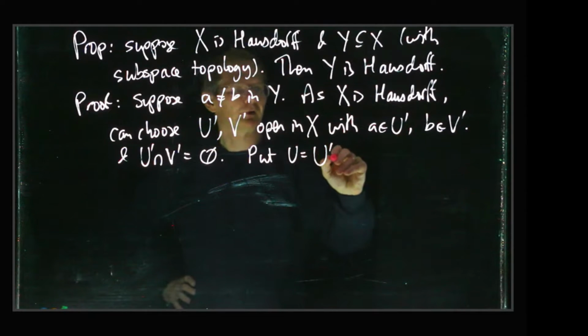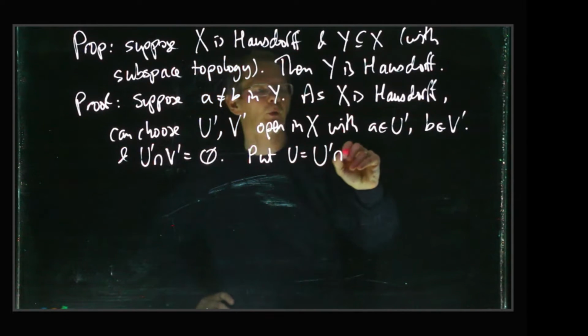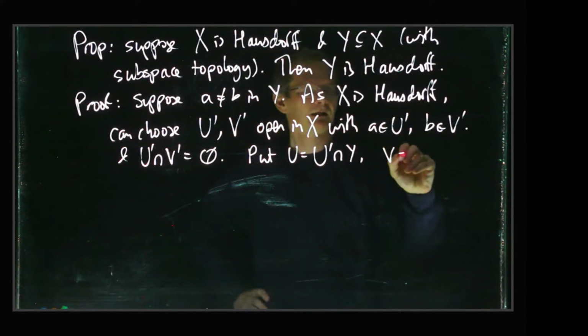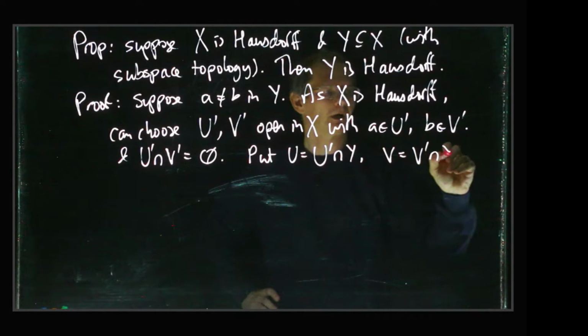Then I put U equal to U prime intersect Y, and V equal to V prime intersect Y.